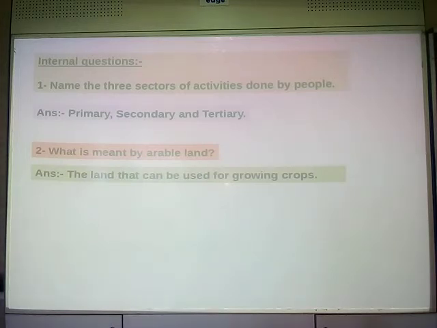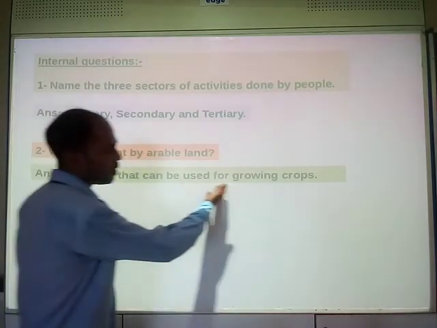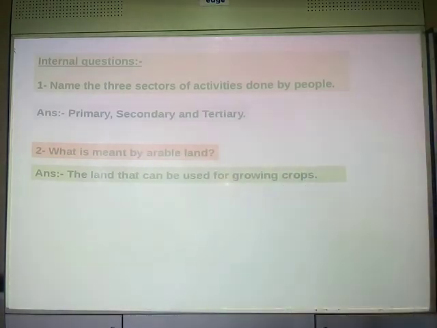You can try to frame your answers in your own words also. Okay, so there is no hard and fast rule that the answer will be exactly a true copy of sir's answer. You have to understand the things. The land that can be used for growing crops is known as arable land.